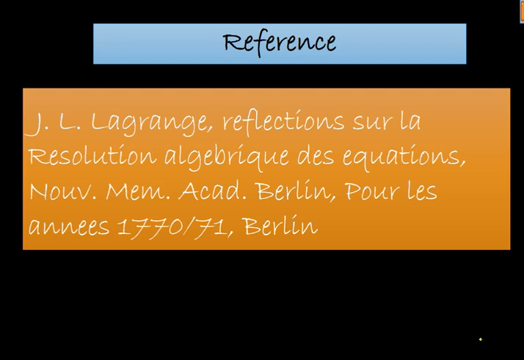So what was his statement? Let us first understand what Joseph Lagrange stated in his article in 1771. For the sake of simplicity, consider three variables x, y, z.